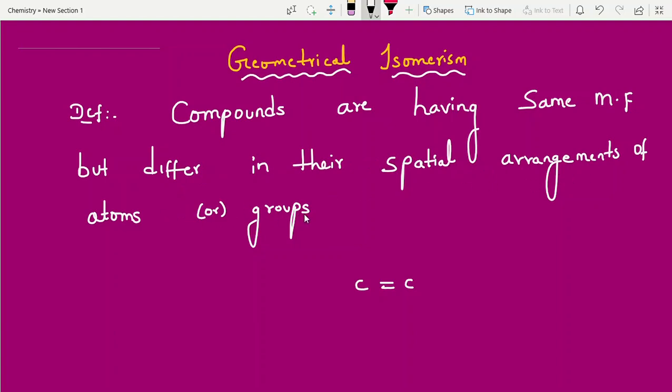Students, it arises due to restricted rotation of C double bond C. That point is also better to write first. This is definition point 1.